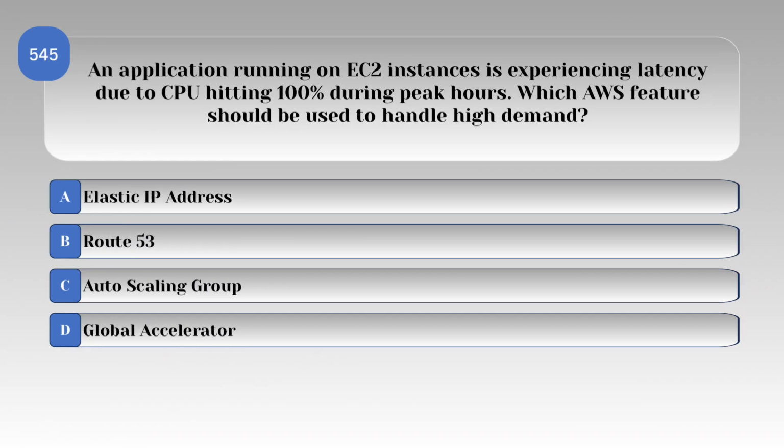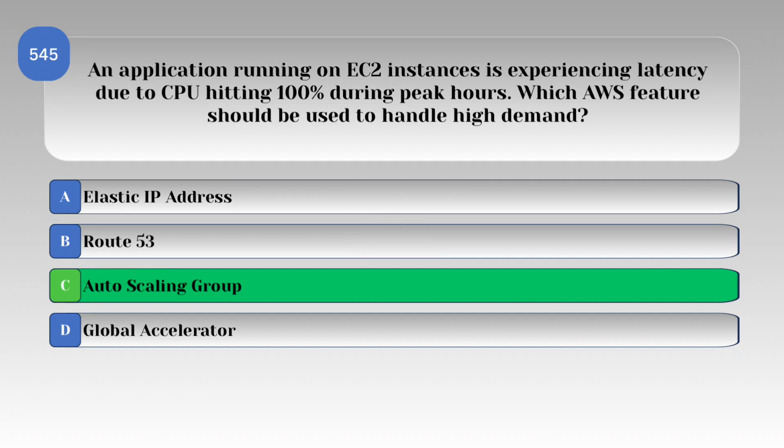An application running on EC2 instances is experiencing latency due to CPU hitting 100% during peak hours. Which AWS feature should be used to handle high demand? Correct answer, Auto Scaling group.